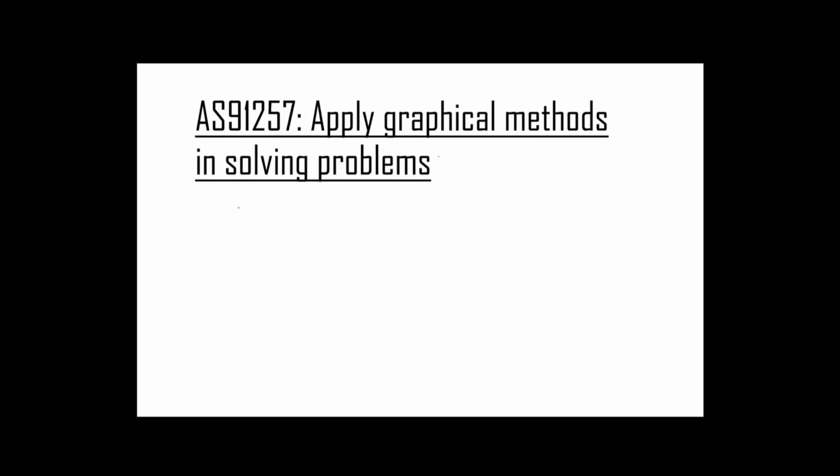So the first one you need to know is linear graphs. Linear graphs are straight lines, essentially. So when we have our XY Cartesian coordinate system, it's going to be a straight line.